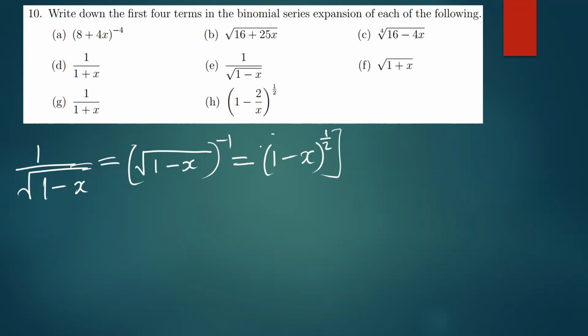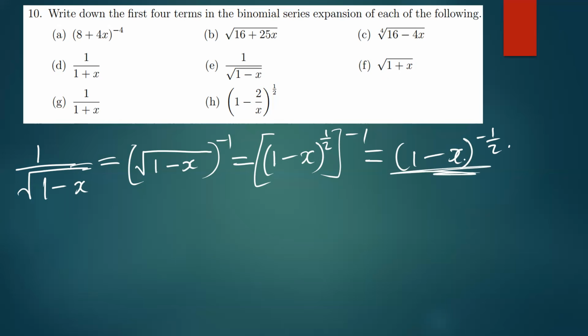Then we have a -1 outside. So when we multiply half and -1, we're going to have what? 1 minus x raised to the power -half. So after having this is now what we're going to expand.